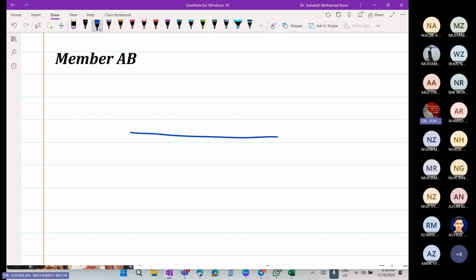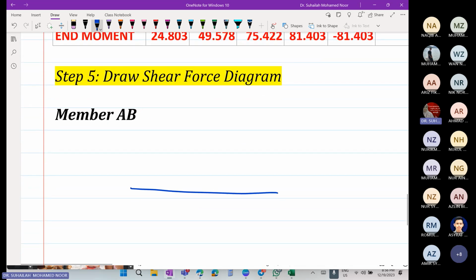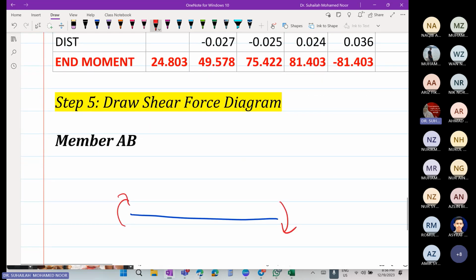Member AB has MAB, MBA. The assumption made is this is MAB, this is MBA. It is the sign convention, but we need to refer to the diagram. If the moment in the table is negative, we have to change the sign. In this case, both are positive, so we remain the sign.